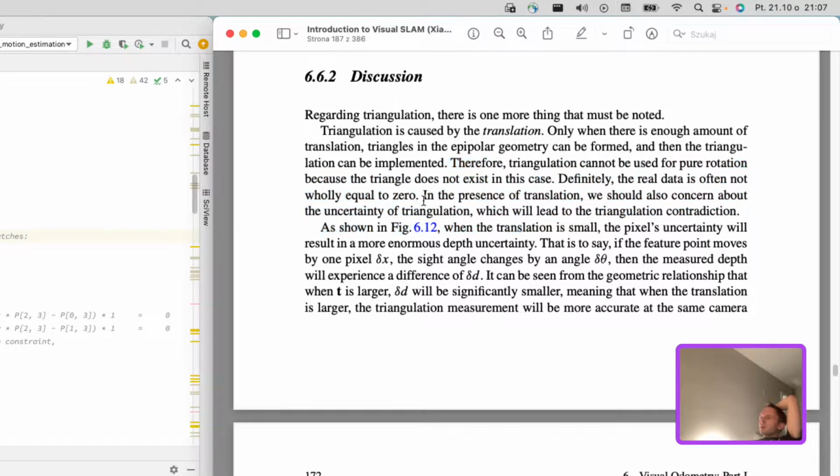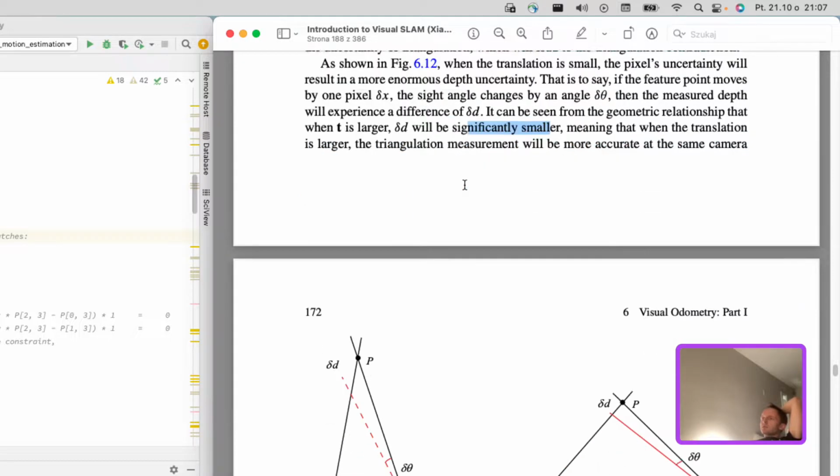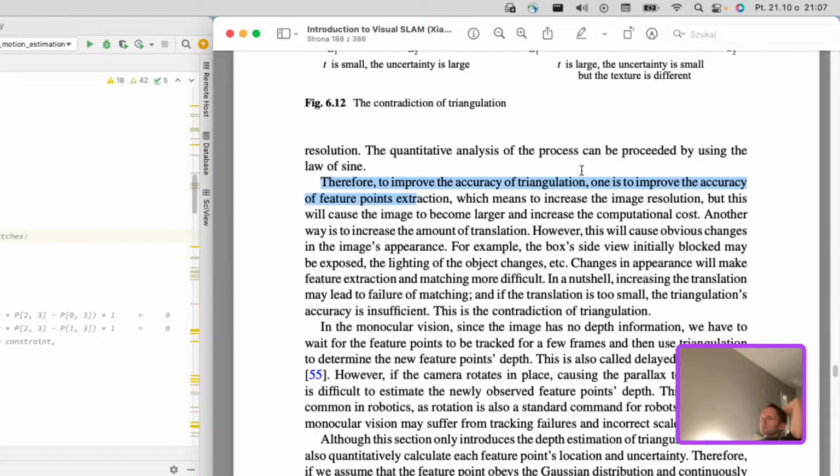When translation is small, uncertainty about depth is high. To improve accuracy of triangulation, we can try to improve accuracy of feature point extraction, which makes total sense.